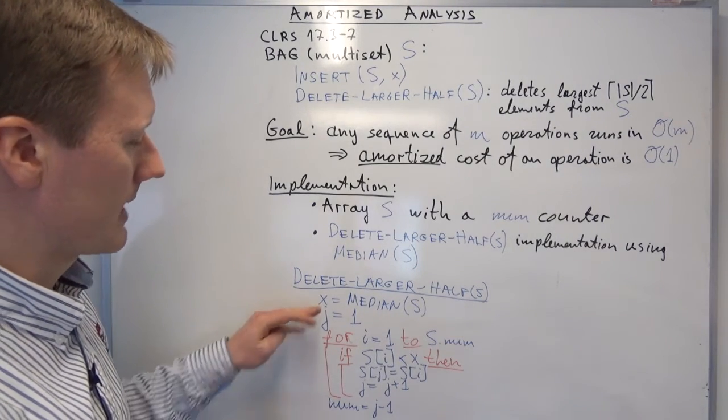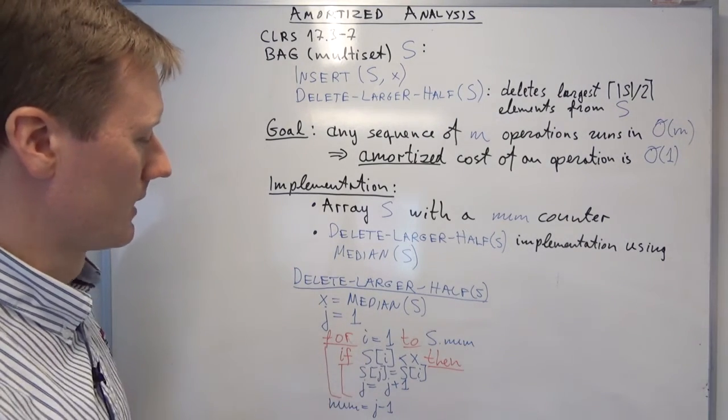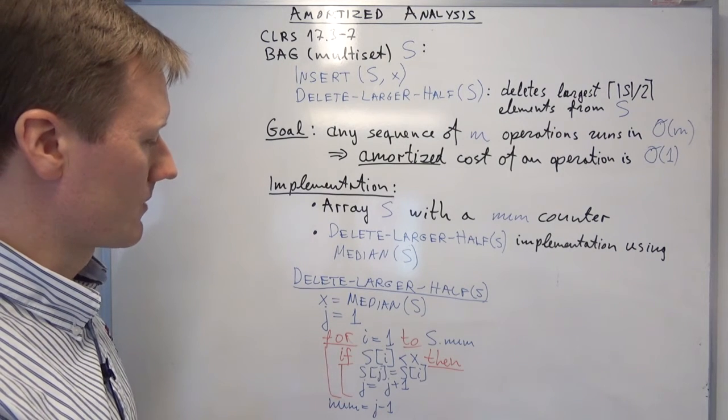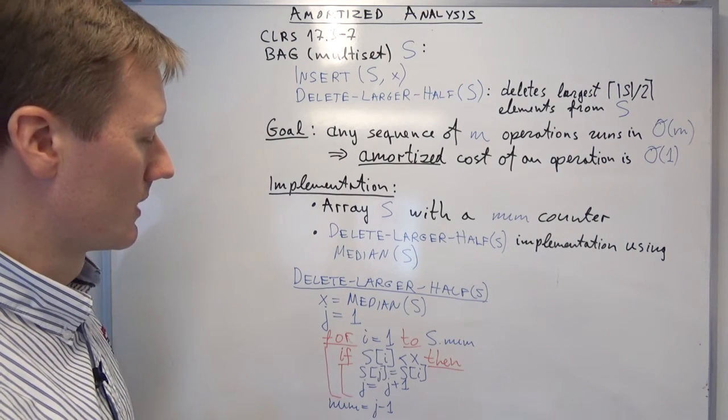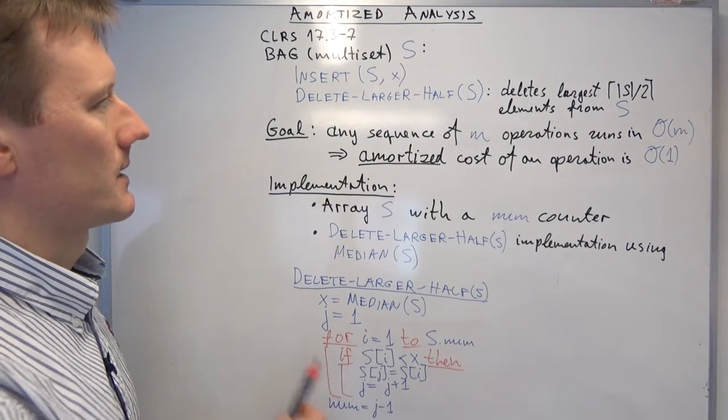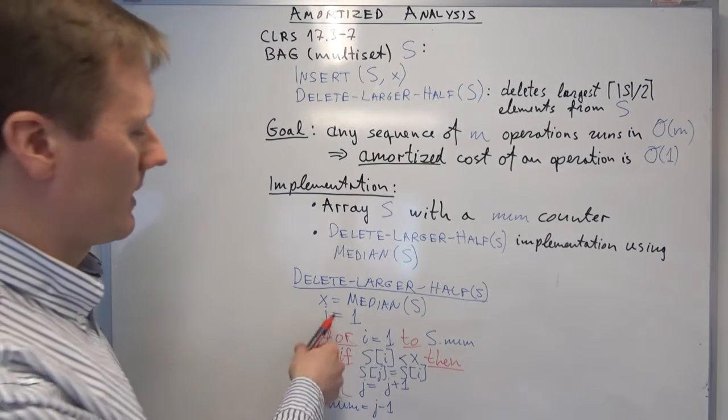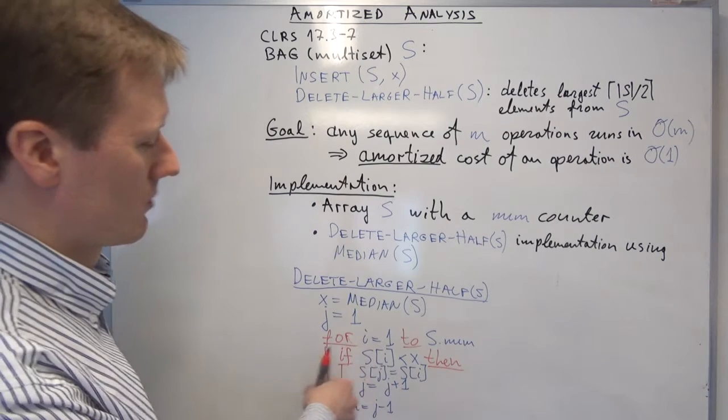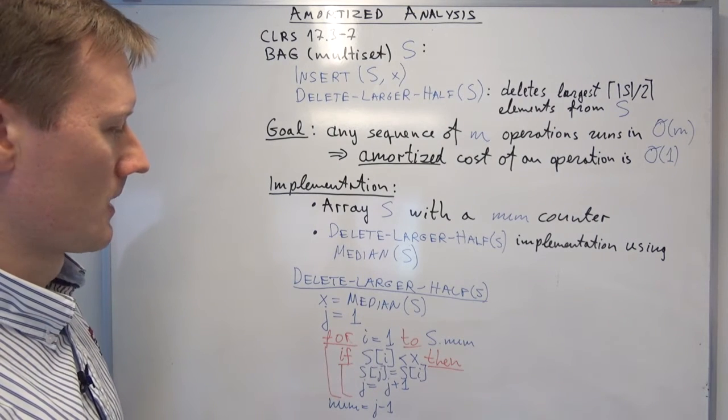The problem is that if you have a lot of elements in the array that are equal to each other, you may end up removing too many elements here.